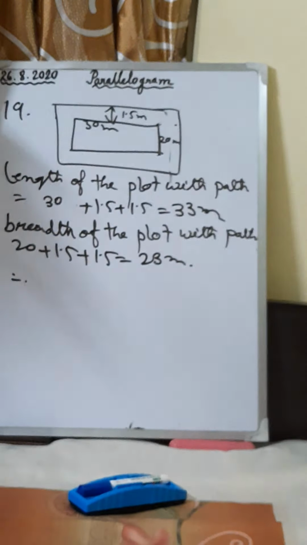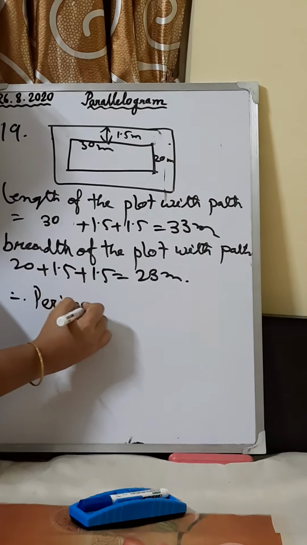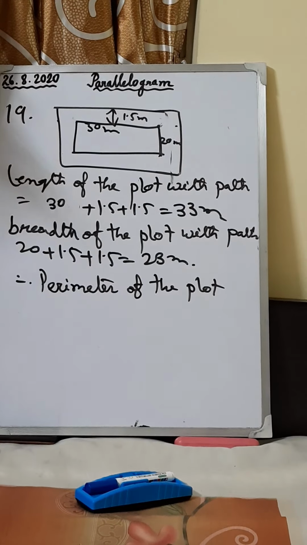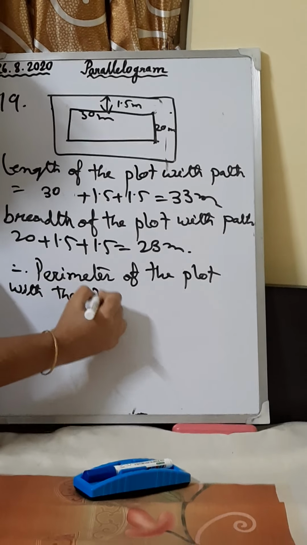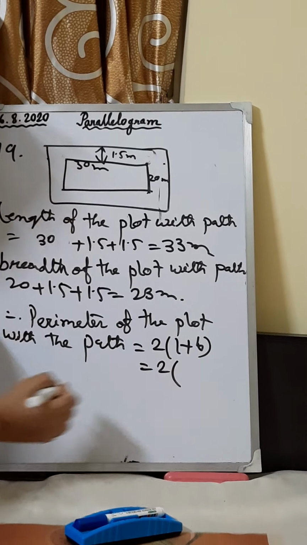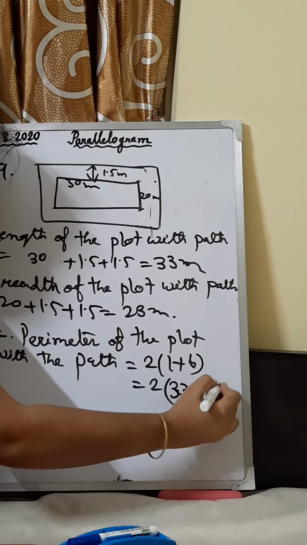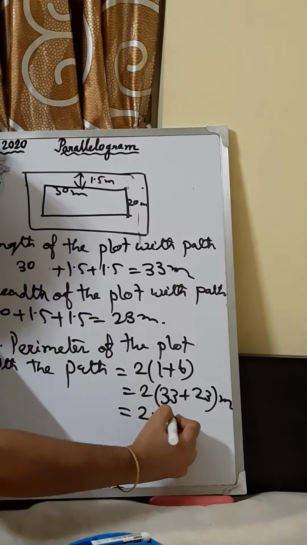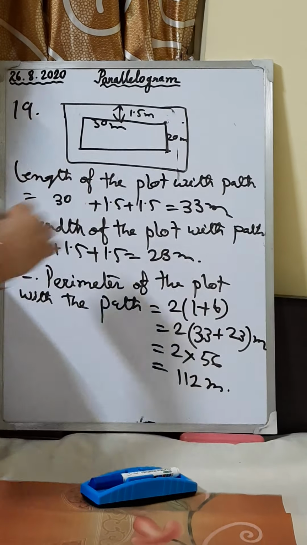Therefore, you have to find the perimeter of the plot with the path, which equals 2 into length plus breadth. So 2 into 33 plus 23 equals 2 into 56, which equals 112 meter. This is your required answer.